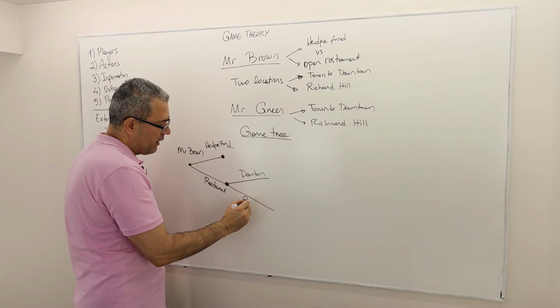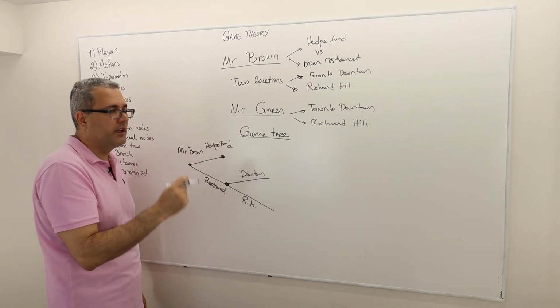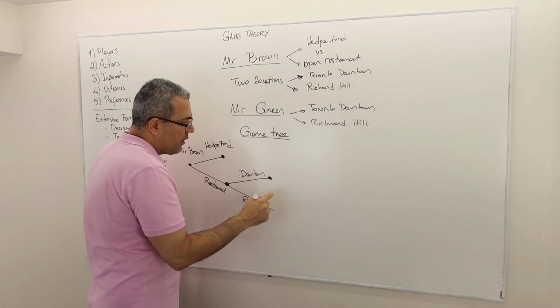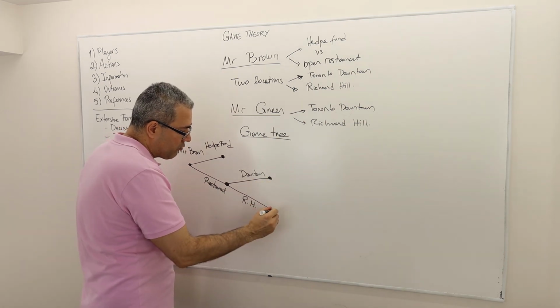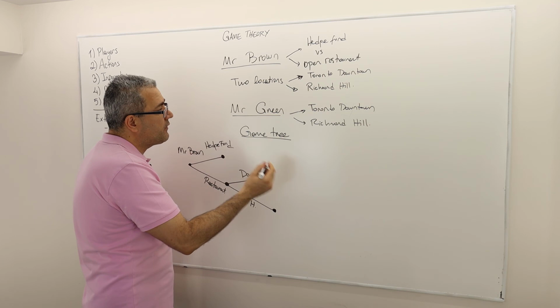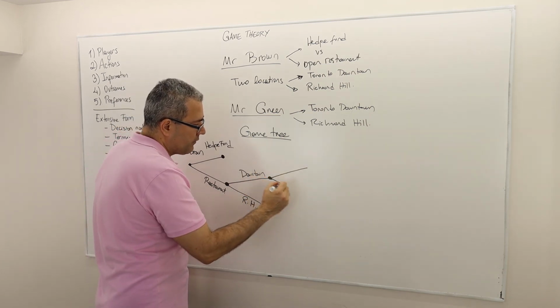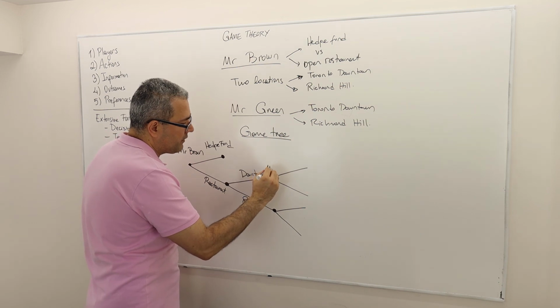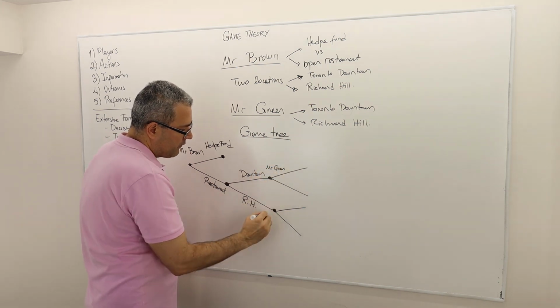I'm going to call it RH instead of writing Richmond Hill. And then, whether he decides downtown or Richmond Hill, Mr. Green makes a choice.